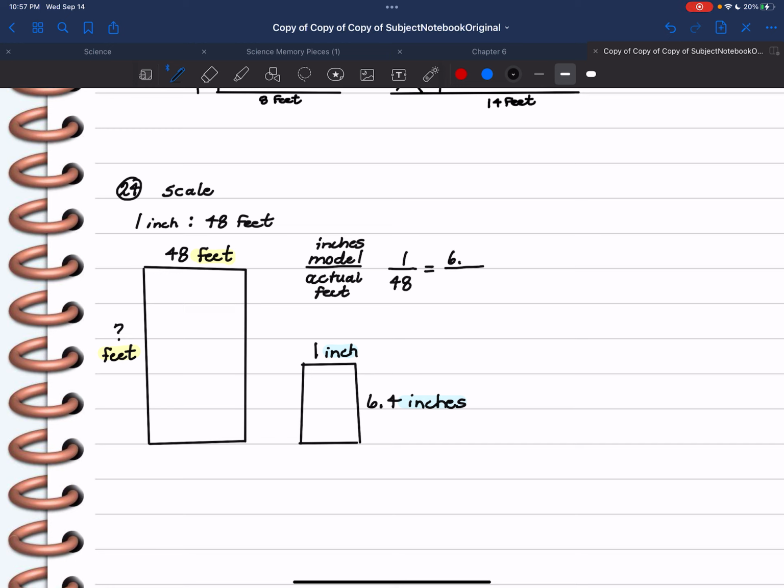And we know the 6.4 on the drawing. So let's multiply those two. 48 times 6.4 is 307.2. Divide that by 1, and that is still 307.2. So for number 24, I like answer E.